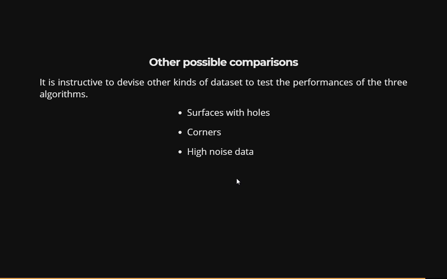High noise data, so perturbing your data with a high noise, not just like we did now. Cluster data, so almost disconnected things, or maybe things which are not disconnected but which have 2 big parts and a small connection, for example. Poorly sampled data, so not evenly sampled, and dots, okay.